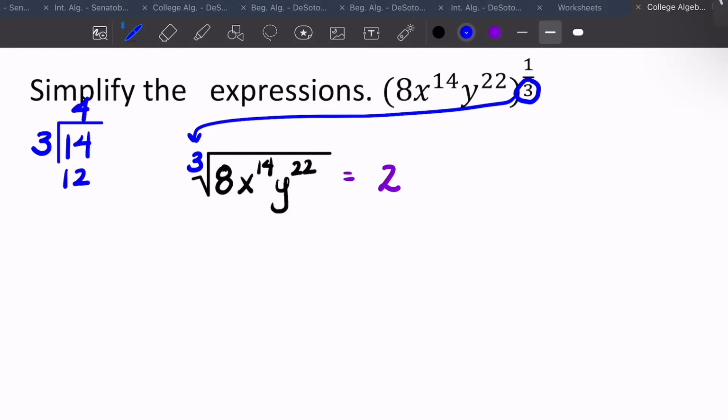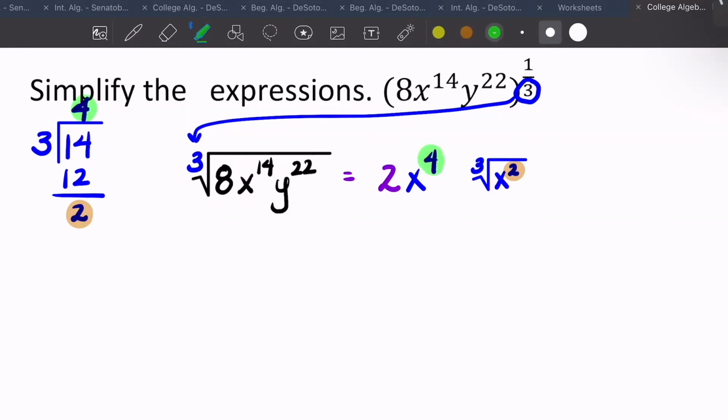And we have 12, and we have 2 left over. So this time, x to the 4th comes out, and we have the cubed root. Don't forget to write your cubed there. And we have x to the 2nd, because that's what was left over. That didn't go in evenly, so it had to stay under the house.